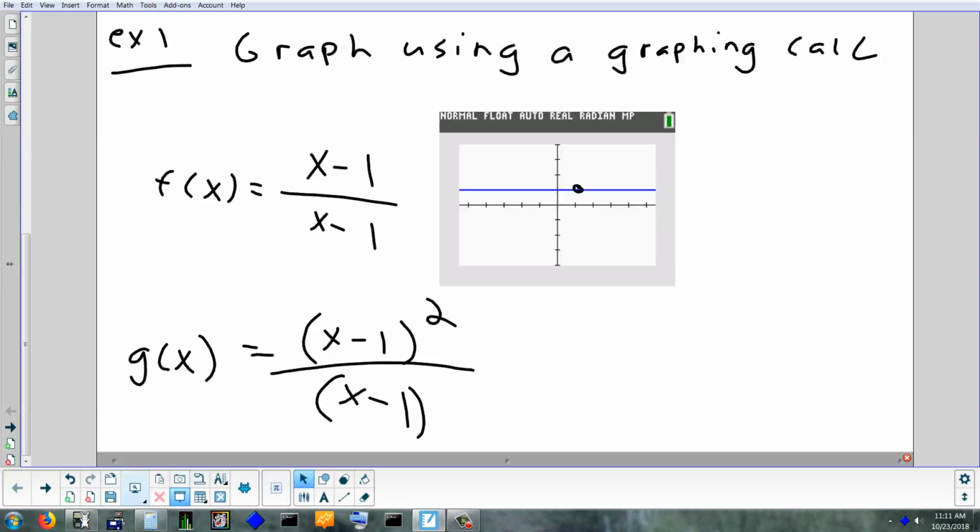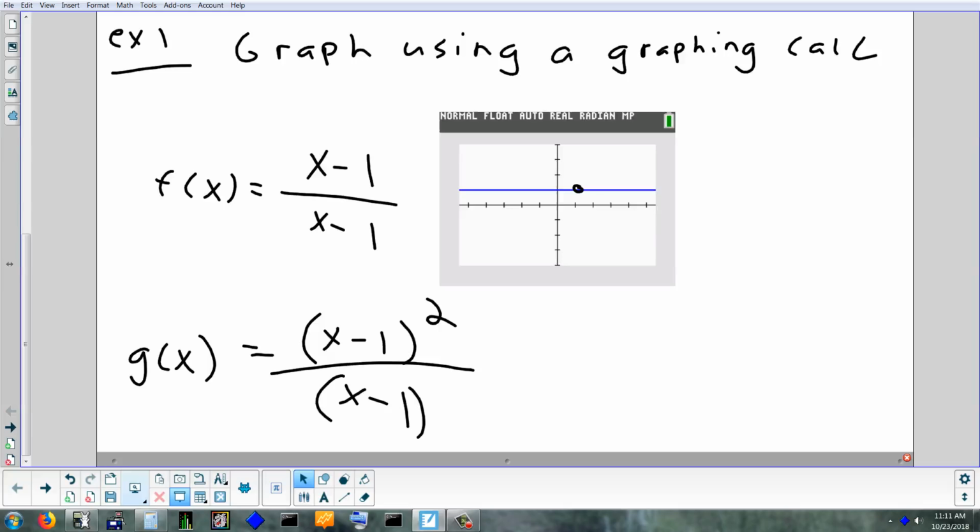Do you think I'm going to get an asymptote at 1 or a hole? Okay, how come? Because if you square that, not sure. All right, so Tori thinks we're going to get an asymptote.